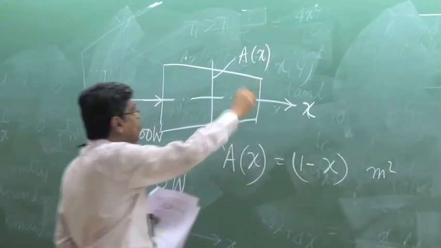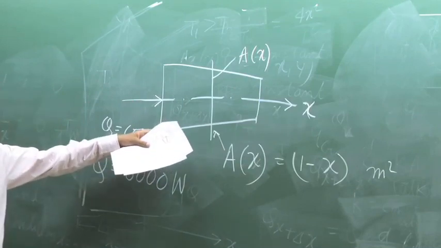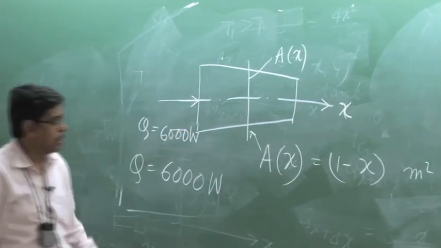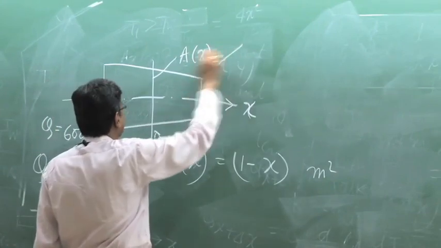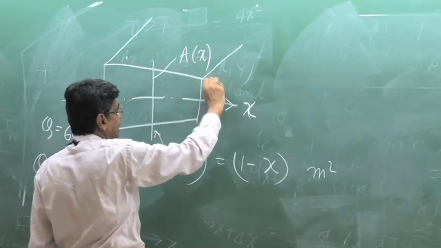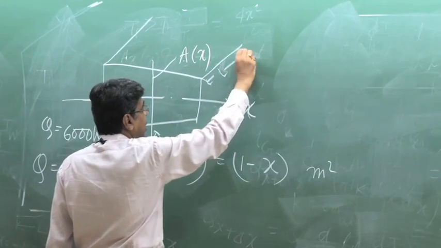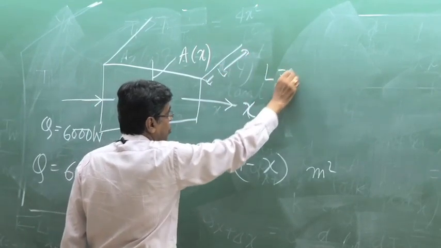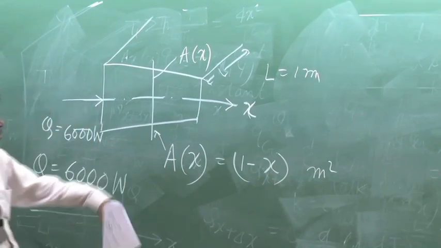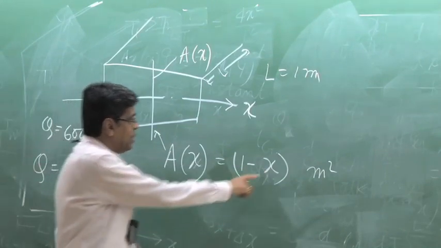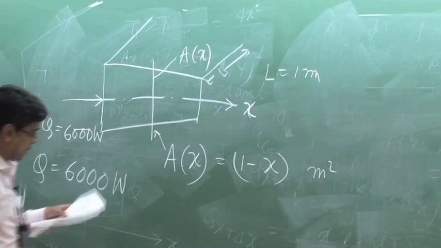We consider a unit depth of the tapered rod, that means depth L. If you consider L, that means this direction dimension L, then L is equal to 1 meter. So x in meter, so therefore this into 1. So this is the expression.